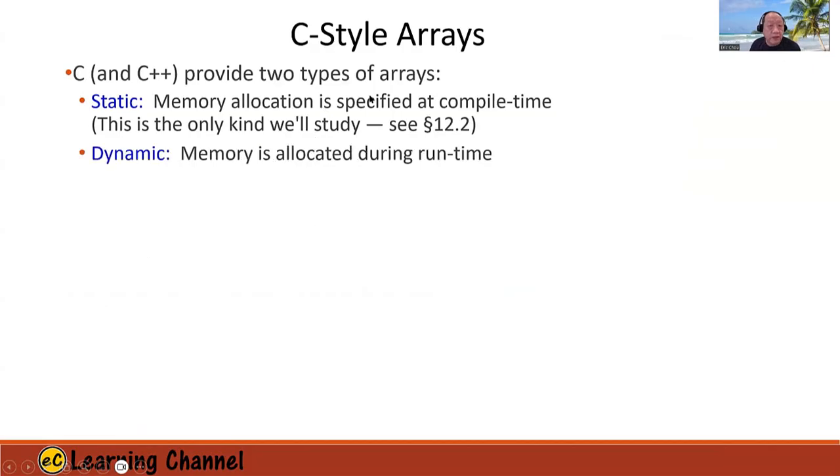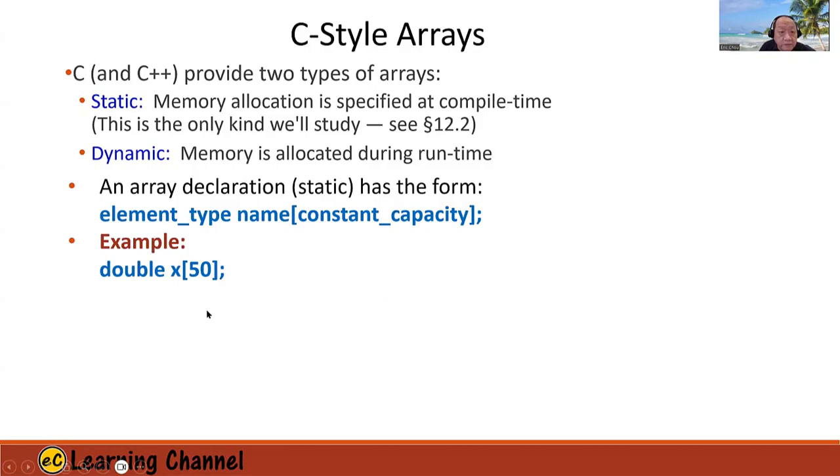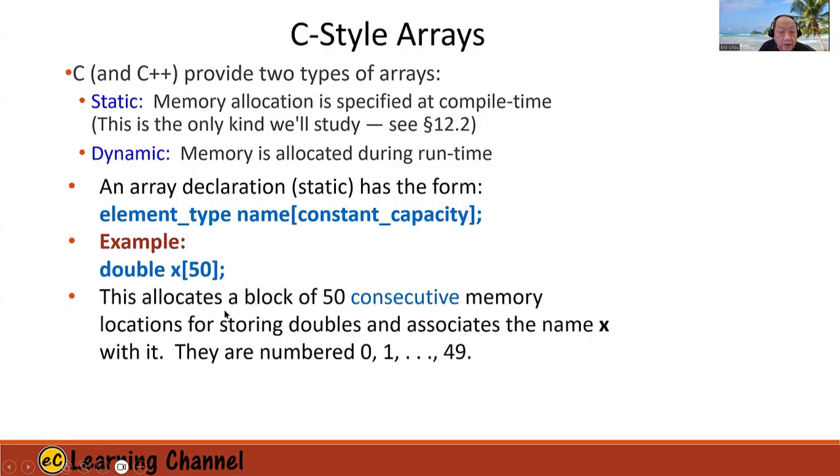Here we talk about the C-style array. You have static arrays and dynamic arrays, two types. Dynamic is when you use memory allocation. In C++, it's using new. When you use new, it's a dynamic array. This is the C-style array, or the primitive array.